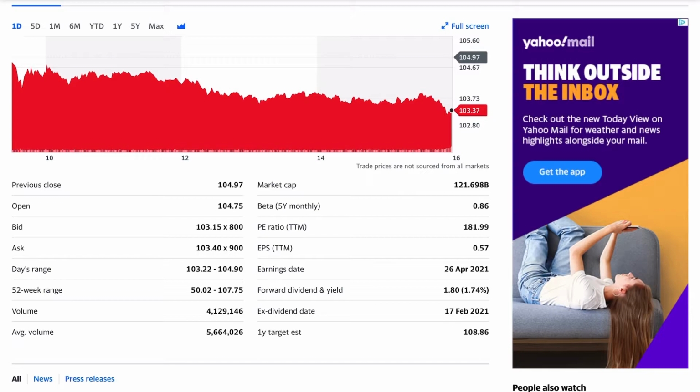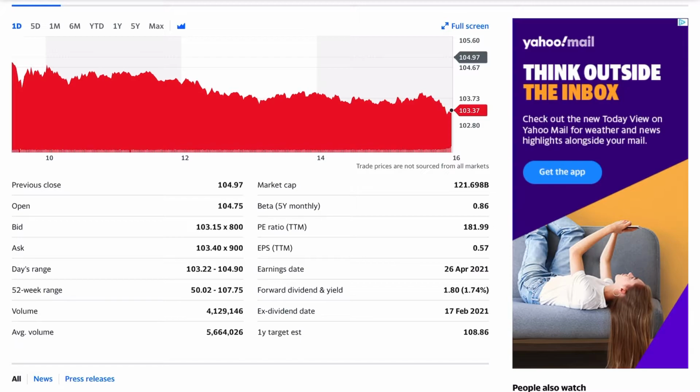Looking there, you can see some information about the previous close price, the open price, the bid price, the asking price, etc. I don't want to go too much into that, but they're basically self-explanatory, which is why I won't go into it.